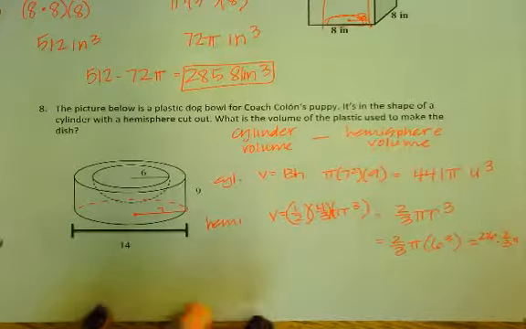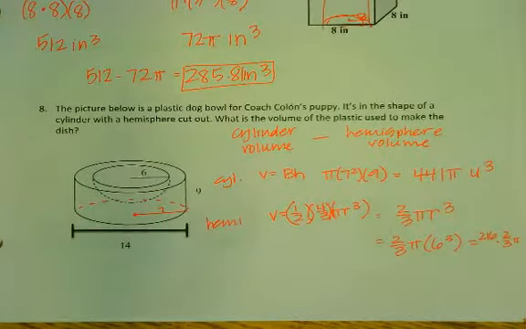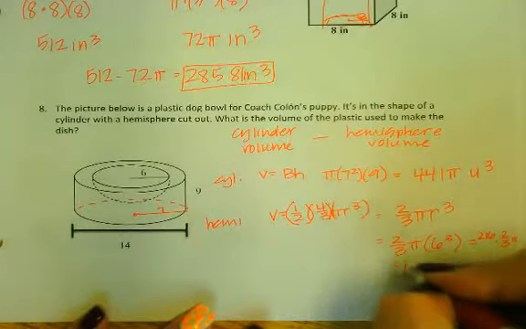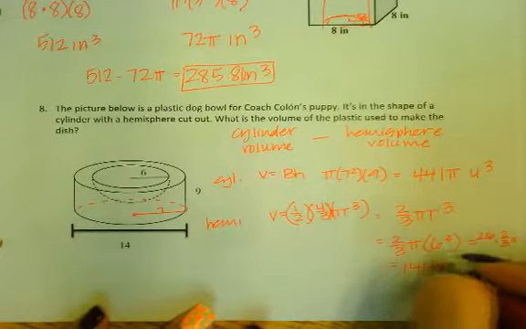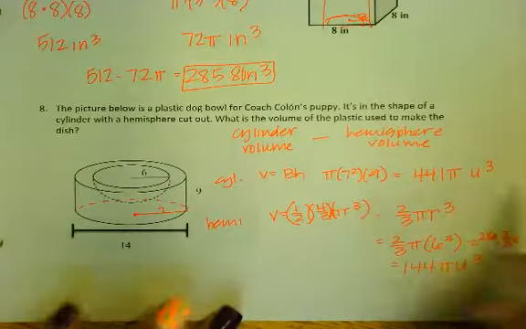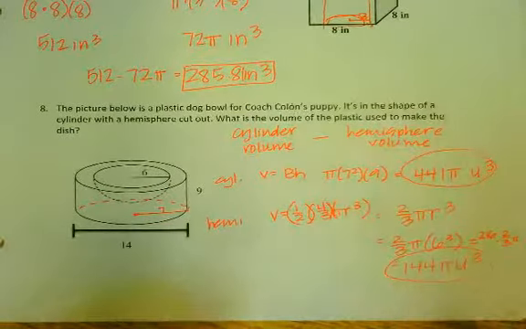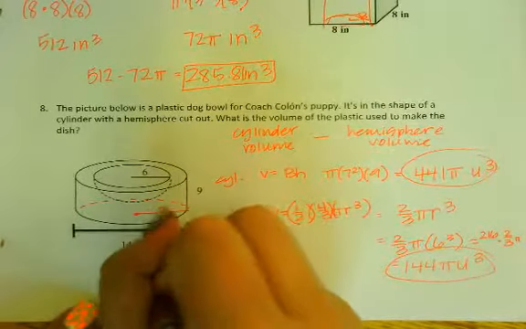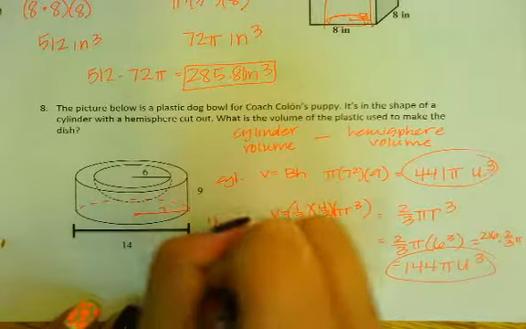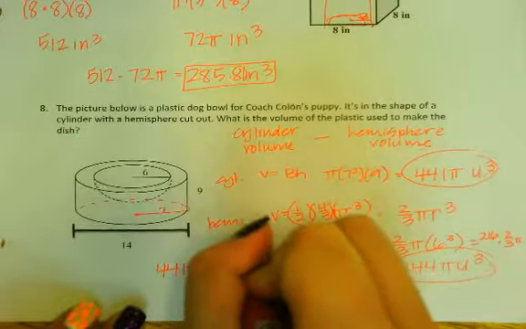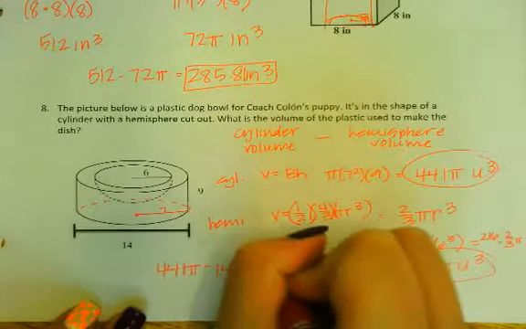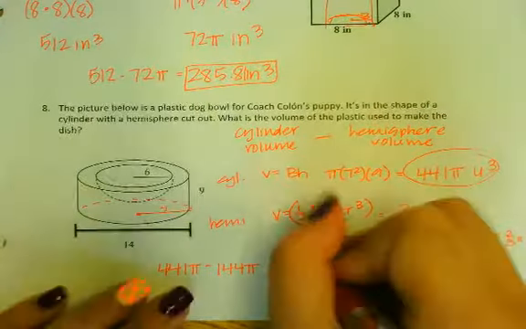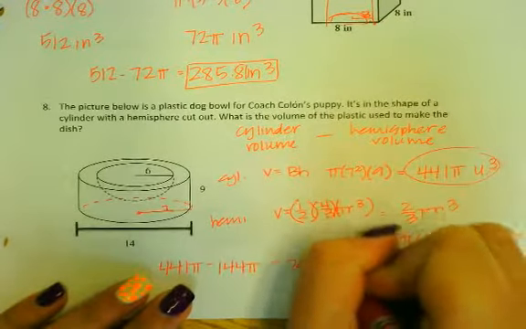And what do you get? 144 pi units cubed. Okay, so now we just need to subtract the two. So you have 441 pi minus 144 pi. And what does that equal? Awesome. Questions on that? That was the last one.